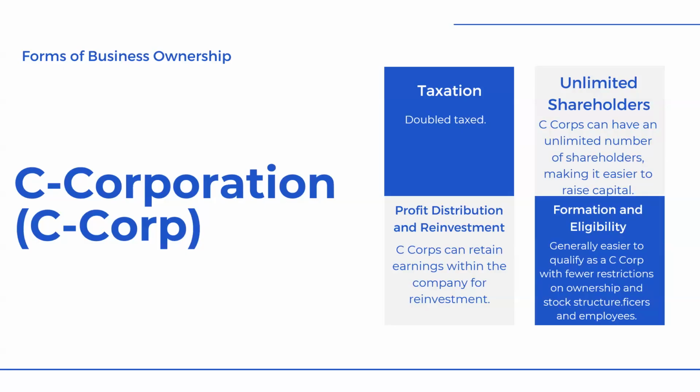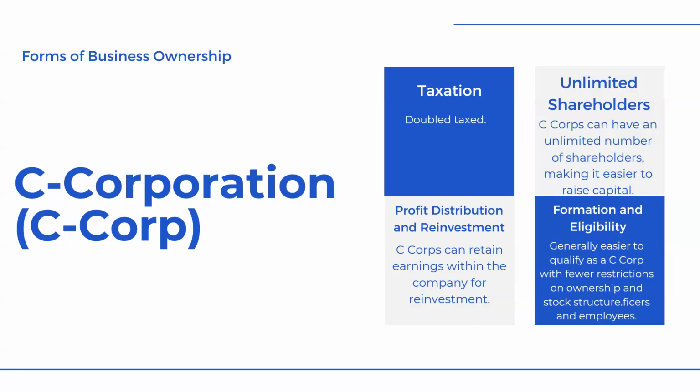When it comes to profit distribution and reinvestment, C corps can retain earnings within the company for reinvestment without passing them through to the shareholders immediately. Profits that are distributed as dividends are subject to taxation at both corporate and individual levels.